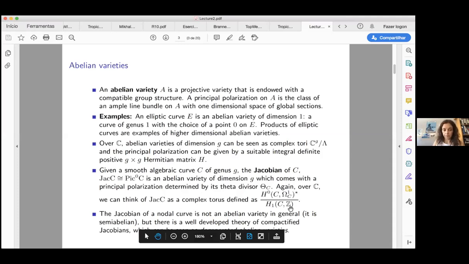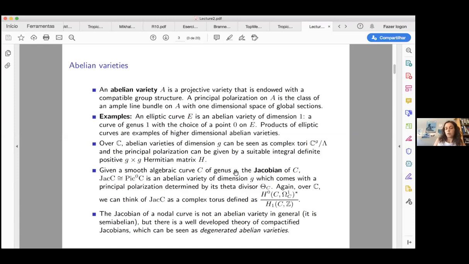On the other hand, we saw last time that it is important to consider nodal curves, at least if we are interested in tropical interpretations, but Jacobians of nodal curves are not abelian varieties in general, so they are only semi-abelian.